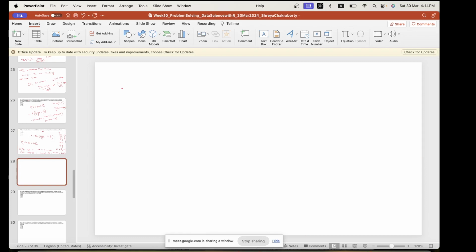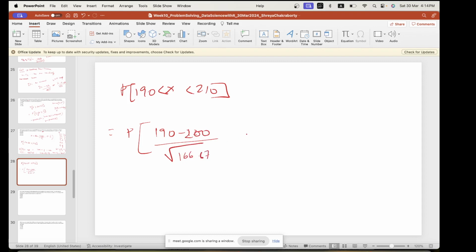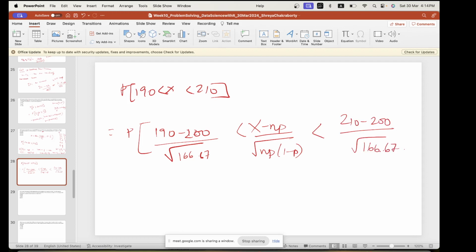Now probability 190 less than x less than 210, we can write this as probability 190 minus 200 by root over 166.67, this is actually x minus np by root over np 1 minus p, less than 210 minus 200 by root over 166.67.